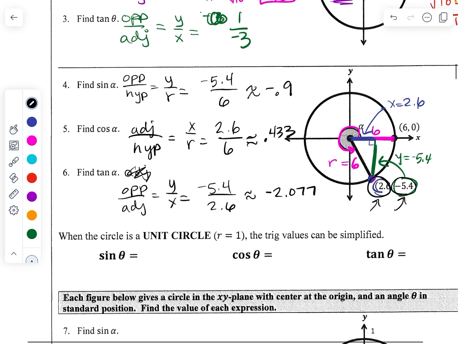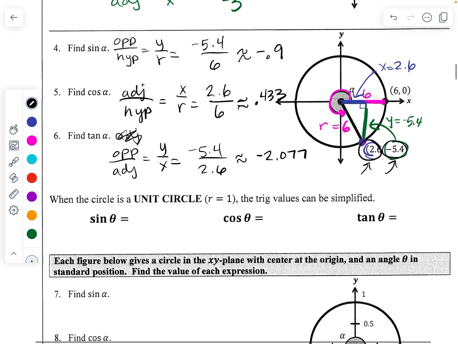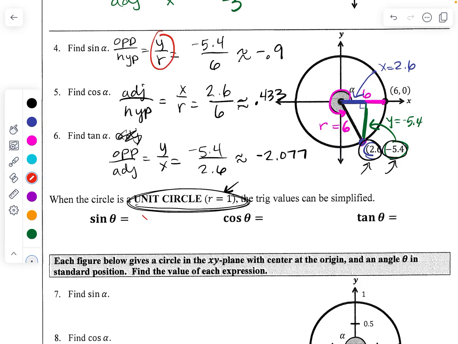So let's talk about when the radius is no longer a different value, but when it's the unit circle. Remember, the unit circle was when the radius is 1. So if sine is y over r, then y over the radius of 1 would just be y. So that's for the unit circle. And the cosine value of x over r when the radius is 1 is just x.